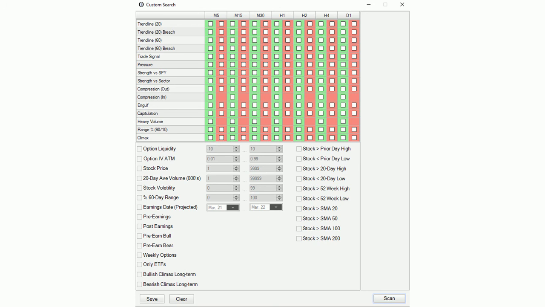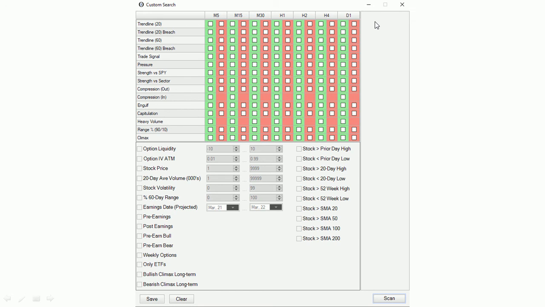Start tightening and tightening that net until you really start to narrow down the number of candidates, and use the criteria that you're most interested in, that you feel the most comfortable with, whether it's trend lines, perhaps it is strength versus the SPY, maybe you're looking for compressions.